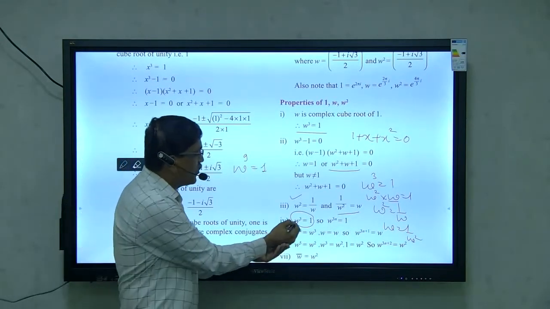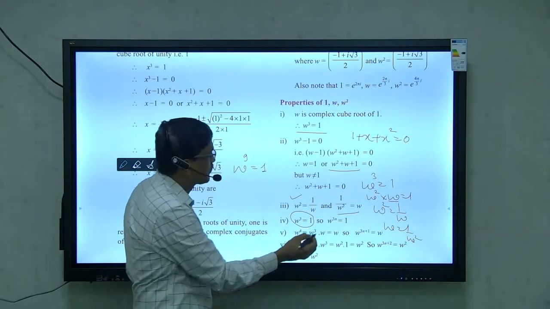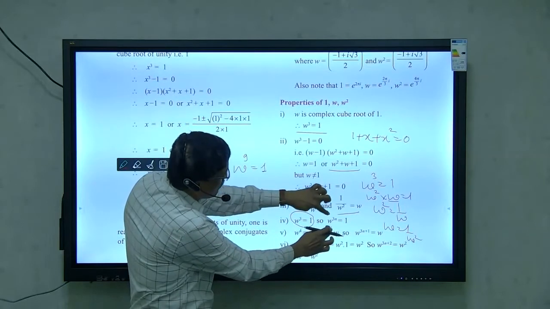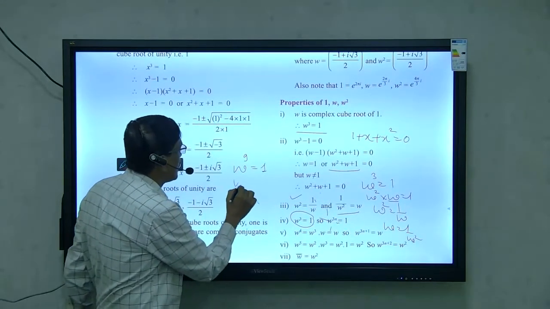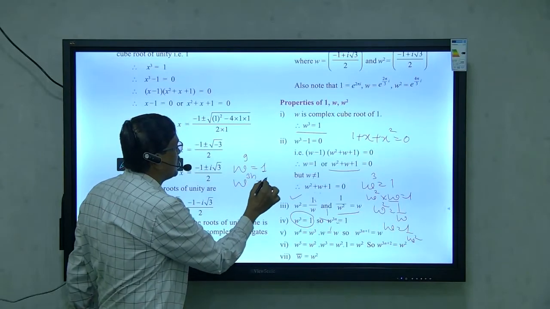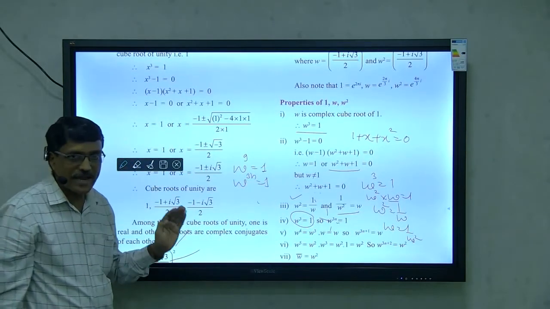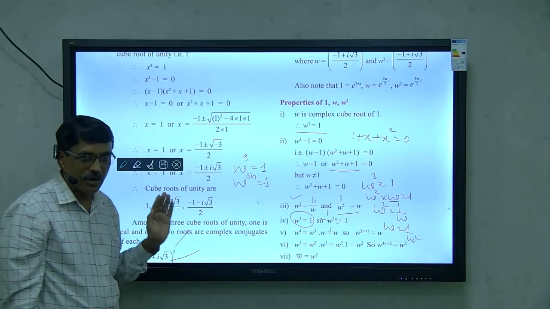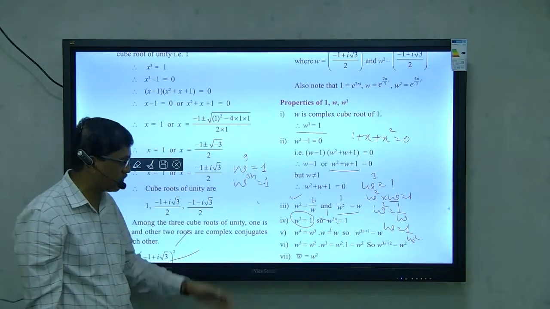See here, if omega cube is equal to 1, then omega raised to 3n is also equal to 1. When omega has a power that is a multiple of 3, its value is 1.